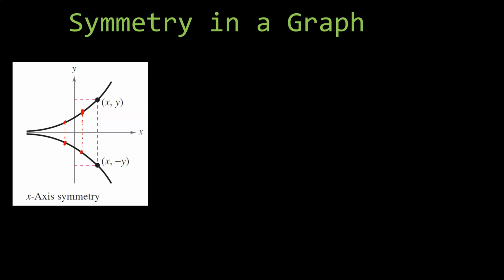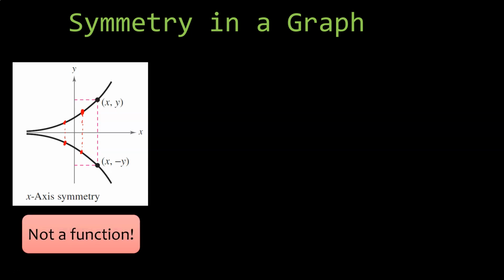So this has symmetry with respect to the x-axis. And because it has 2 points on a vertical line, it will fail the vertical line test. So a graph with symmetry with respect to the x-axis is not going to be a function.